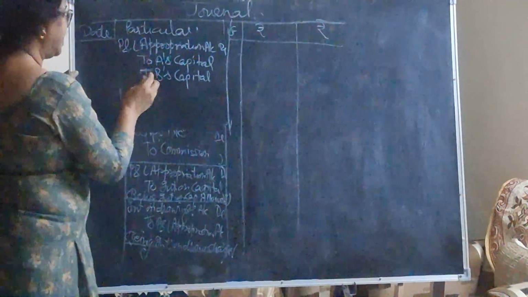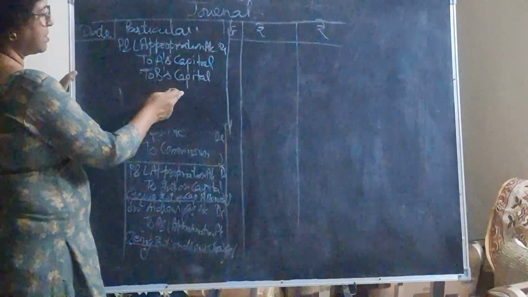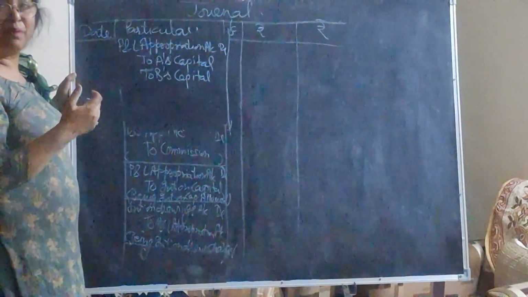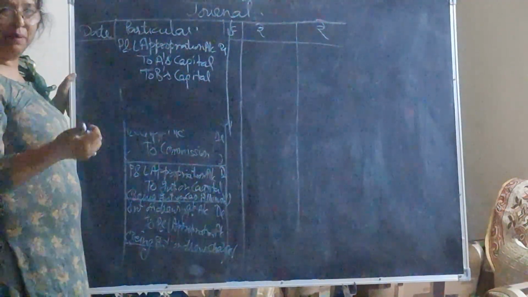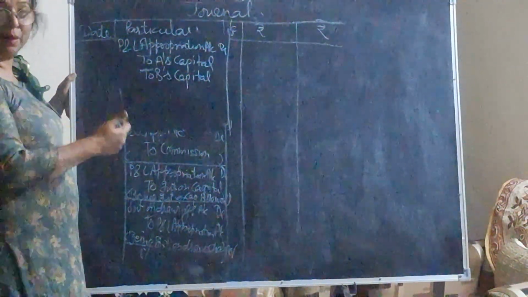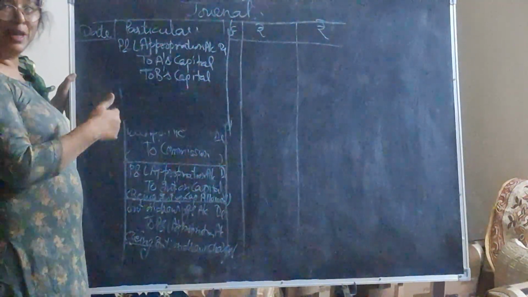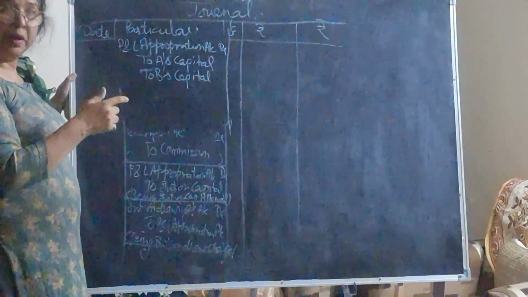ठीक है? And if three partners are there, so A's capital, B's capital, C's capital. This is assumed, the partners are A, B, and C. If the question has given partners are K, L, M, so you have to write K, L, and M. If partners are Leela and Meena, so you have to write their names. To Leela's capital, to Meena's capital. Clear?